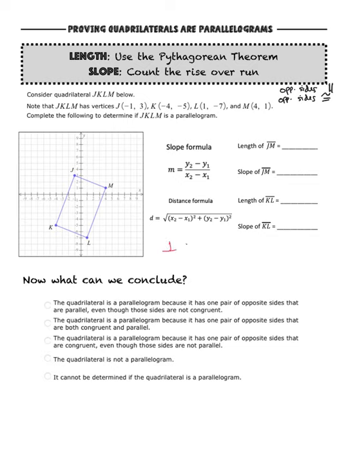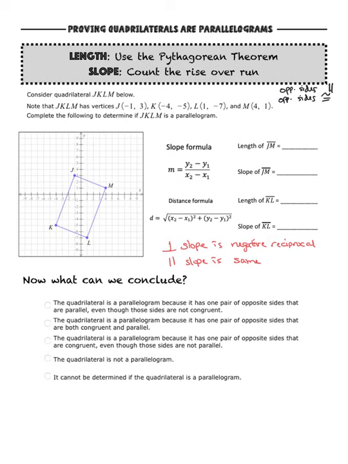A perpendicular slope is negative reciprocal, and a parallel slope is the same. So what you're going to be doing is determining probably the slope, sometimes the slope of the lines, the segments identified, excuse me, and sometimes you're going to use the distance formula to find the length of the sides identified. It depends on what the question asks.